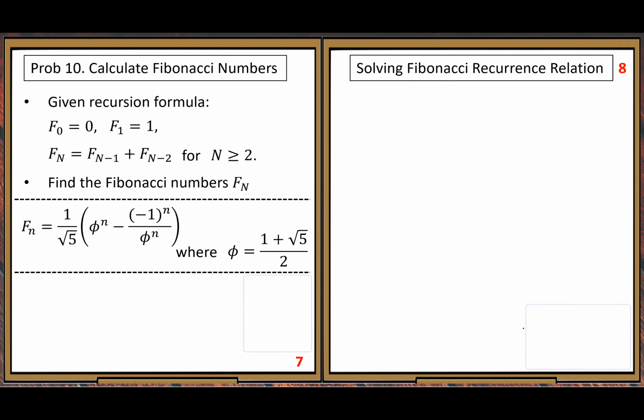Second step. Because those are two special solutions, now we want to consider the initial condition. For those two special solutions, we didn't consider the initial condition of the recurrence relation.